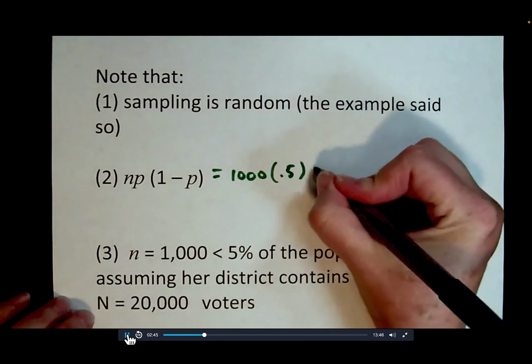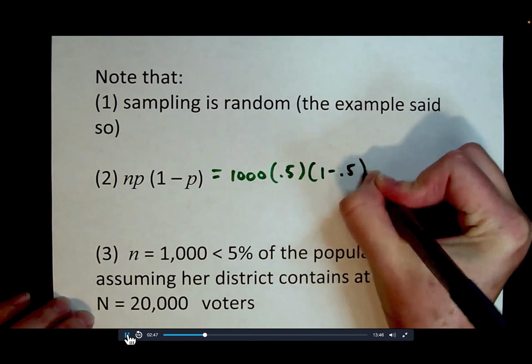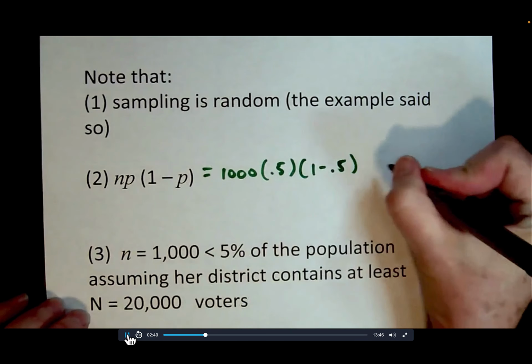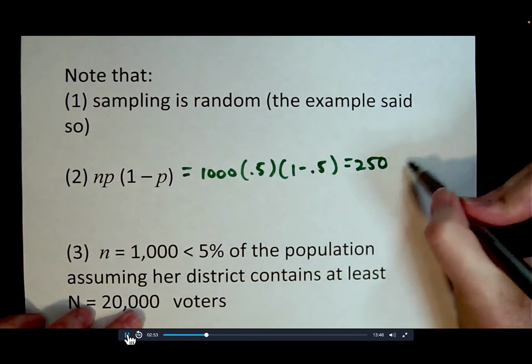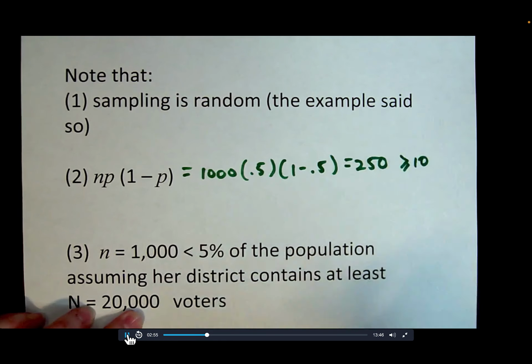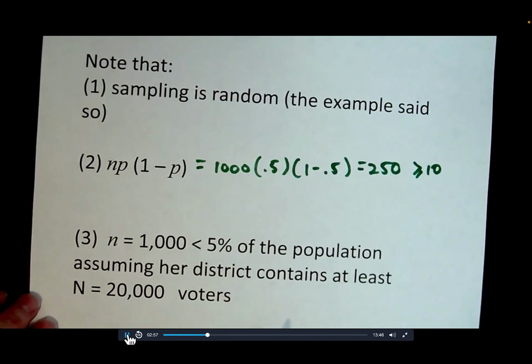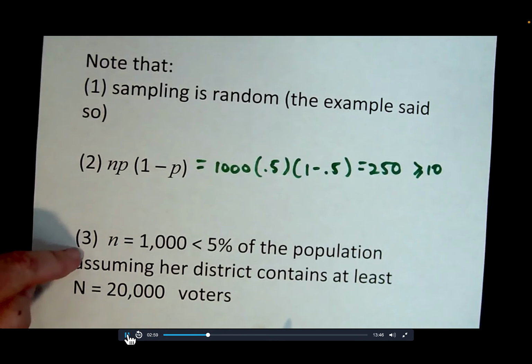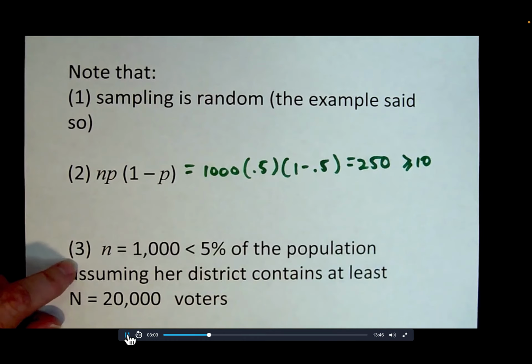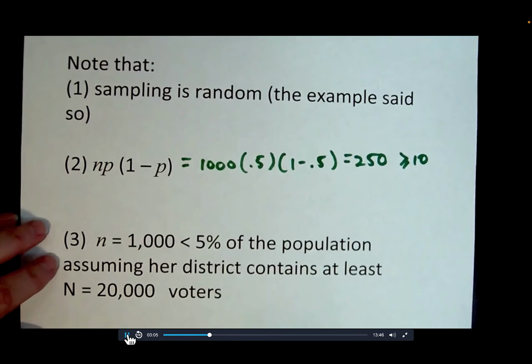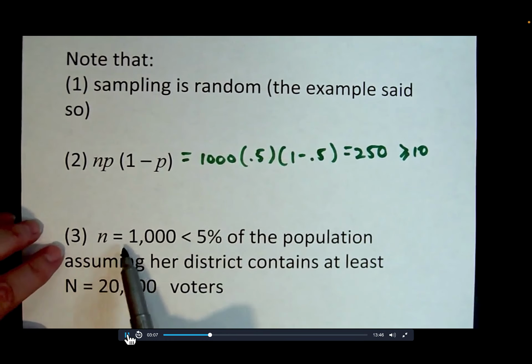And then 1 minus p is 1 minus 0.5. That actually works out to be 250, and the point of that is as long as that's greater than or equal to 10 and you have these two things being true, then you can conclude that p hat is approximately normal.